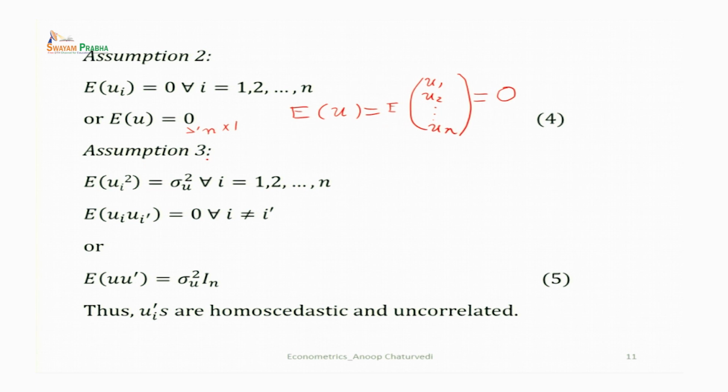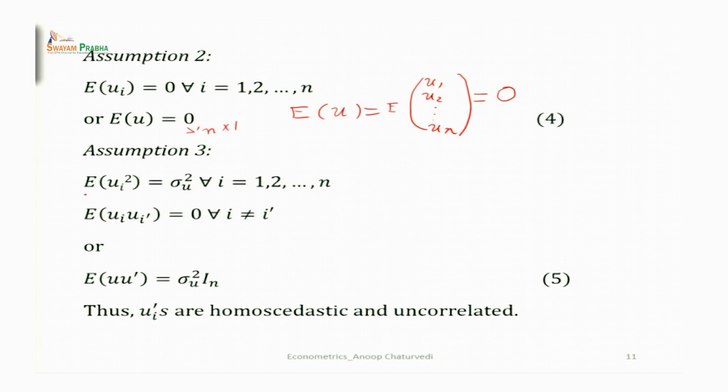Third assumption is expectation of ui square is equal to sigma square u for all i equal to 1 to n. So, all the ui's have the same variance sigma square u, and expectation of ui ui dash is equal to 0 for all i not equal to i dash. If i is not equal to i dash, then the expectation of ui ui dash is equal to 0.